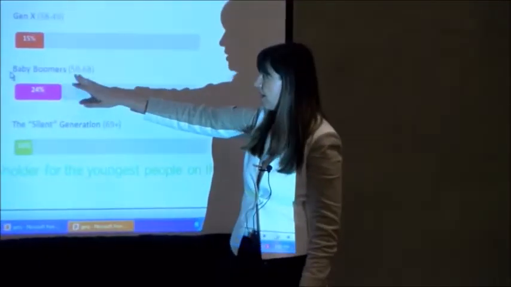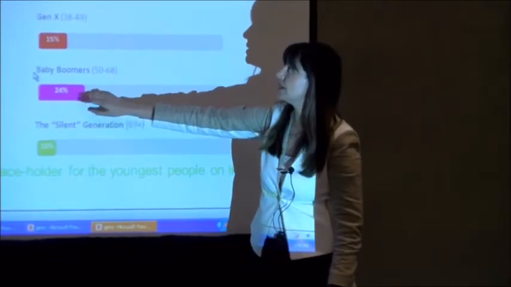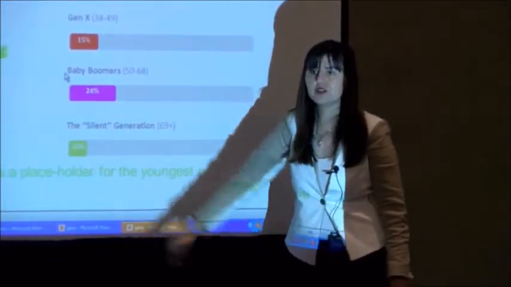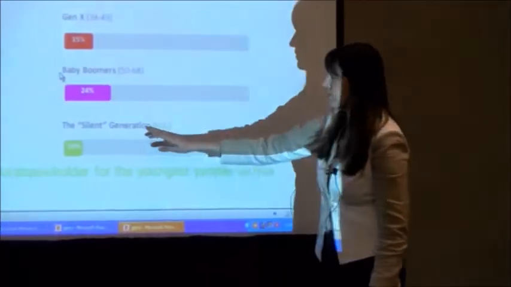Baby boomers are between 50 and 68, a large population of the US at 24%, and the silent generation, 69 plus, is 10%. This gives you a demographic of why Gen Z is now becoming important. From marketing to education in the classroom, they are the future of our country, so it's very important to bring this awareness to everybody.